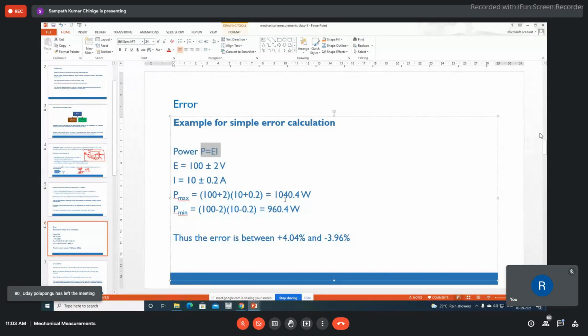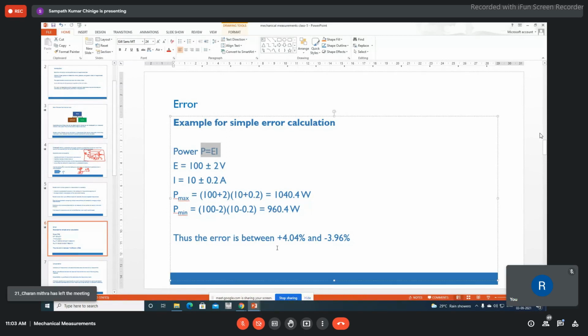For what? 100 into 10 should be 1000, but because of these errors, you are getting 1040.4. Similarly, you take the other way around, where (100 minus 2) into (10 minus 0.2). You are taking the negative value, the other extreme, the lowest value. It shows around 960.4 watts. So the power should come to 1000 watts, but it is showing 960.4 watts or 1040.4 watts. This is the range of deviations I'm getting in the power.